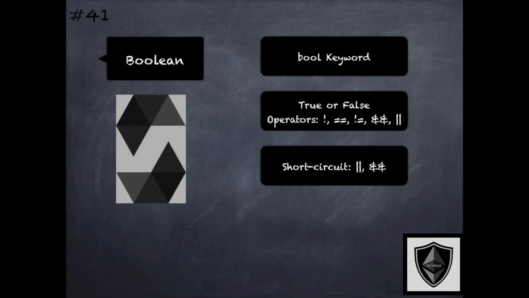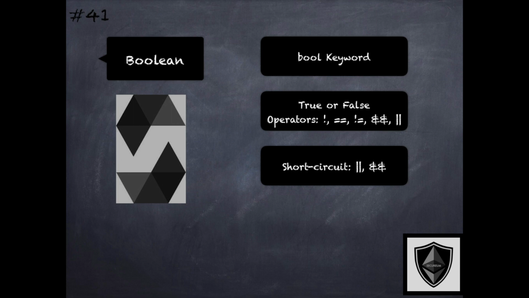This is because the expression already evaluates to true, and there is no need for the second boolean to be evaluated at all. And similarly, this applies to the AND operator, logical conjunction, as well.